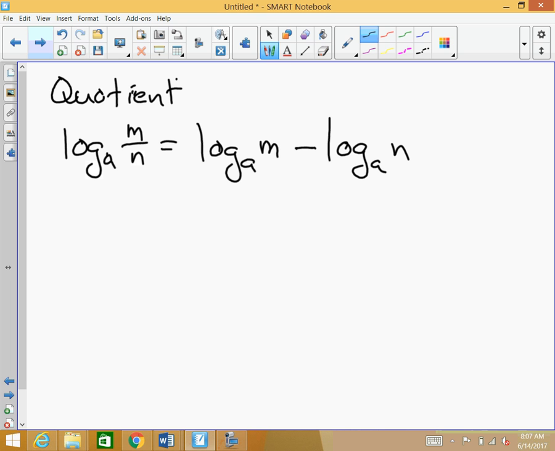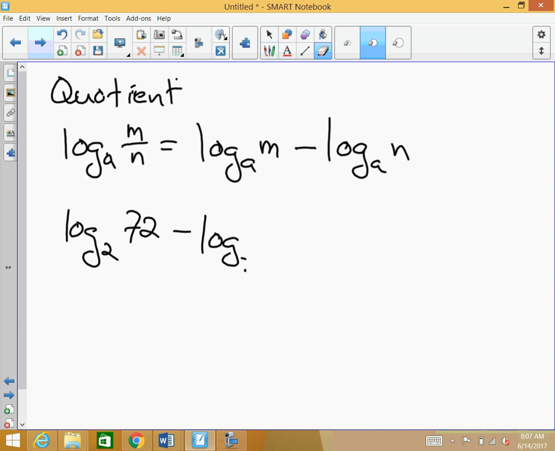the two logarithmic functions. So if we have, let's say, log_6 72 minus log_6 2, oh, my bad, not log 2, log 6.